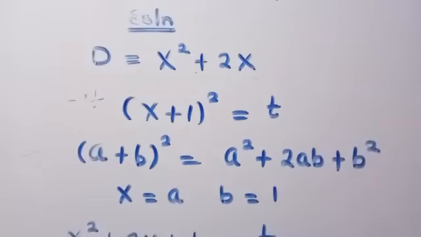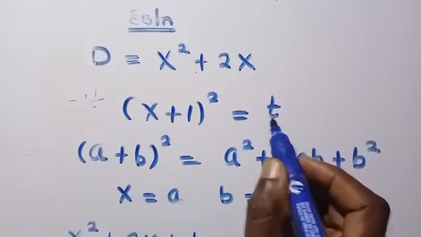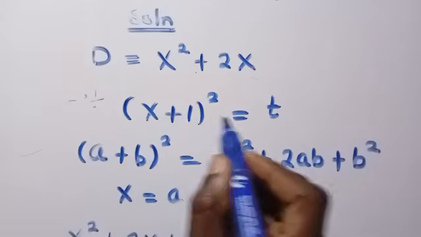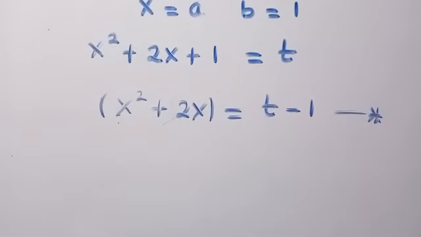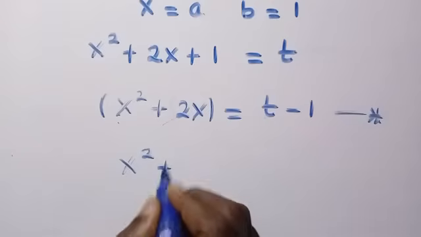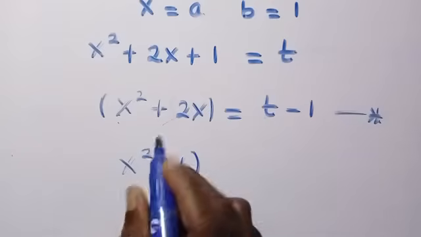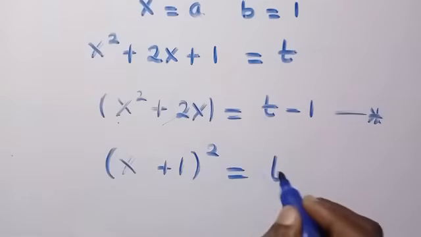And also, if you consider x plus 1 squared equals t, I want to make x the subject of the formula from this stage. What we do is, we are going to take the square root of both sides of x plus 1 squared equals t.